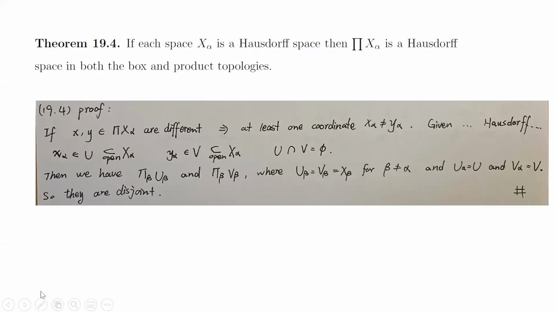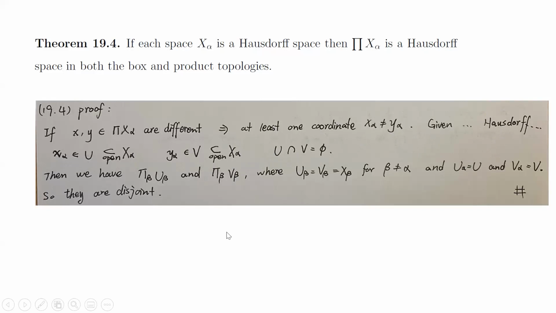Yes. Okay, then I think you get my idea, and I'll show you my proof. Okay, here. All I do is find one coordinate alpha where x alpha is not equal to y alpha. Given that every space X alpha is a Hausdorff space, we can find a U open in X alpha and a V also open in X alpha, and this U and V are disjoint.